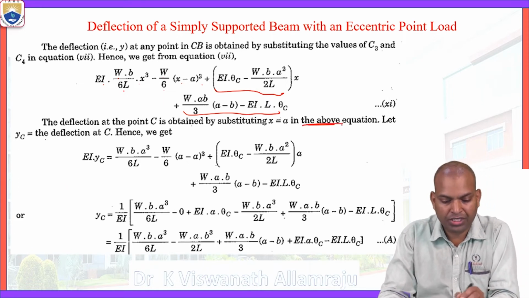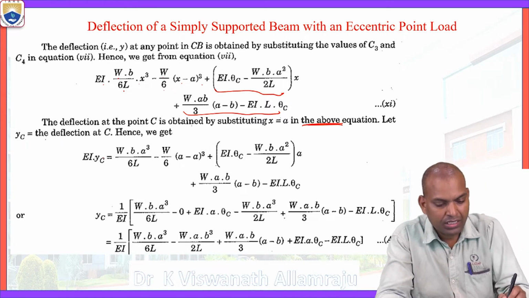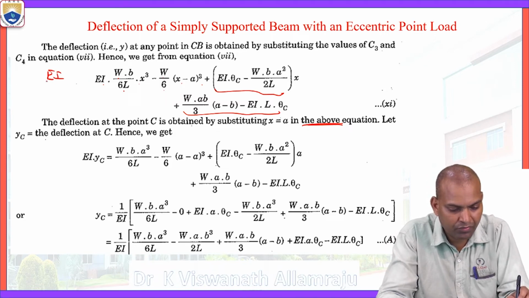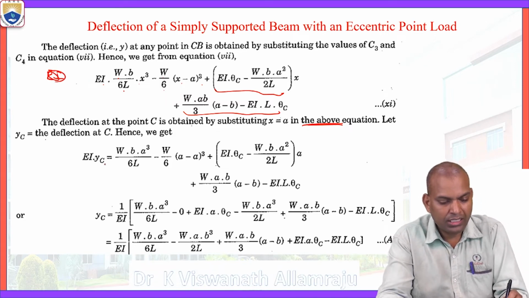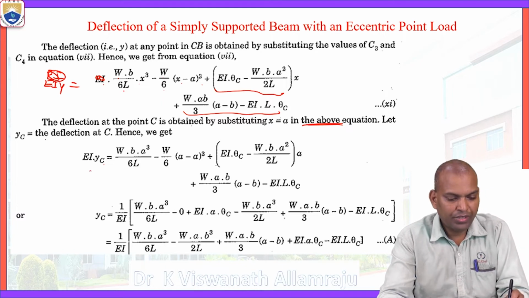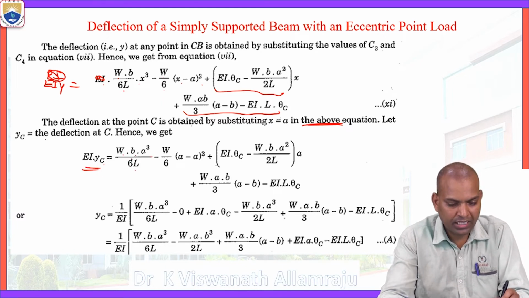In the above equation, let YC be the deflection at C. Hence we get EI times YC equal to WB A cube by 6L at x equal to A, substitute.